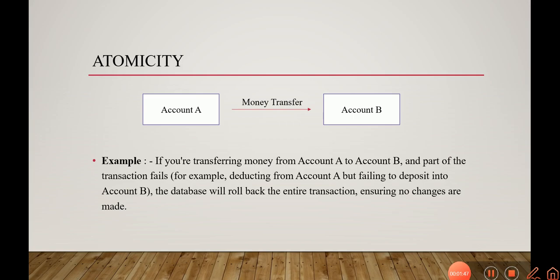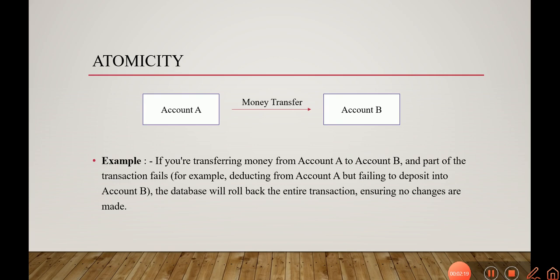The failure can be due to a network issue, or sometimes the transaction is rolled back because the basic requirement to transfer money from one account to another is that the account number and IFSC code should match. Where we have to transfer the money, that account number and IFSC code we have to mention correctly.